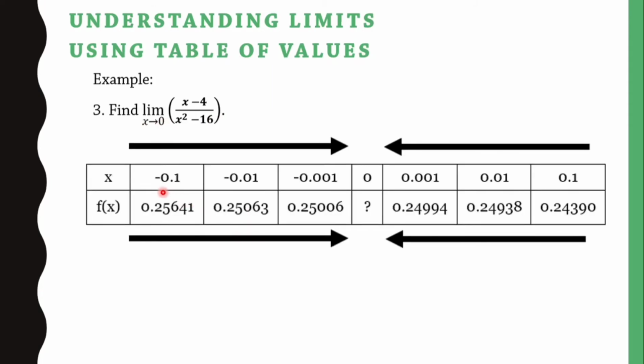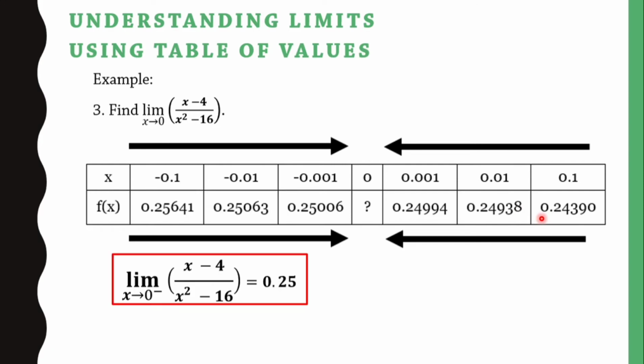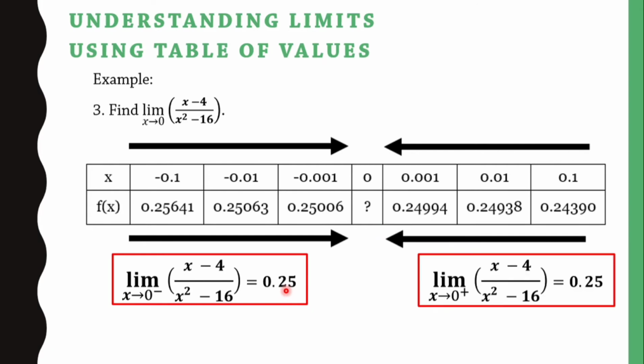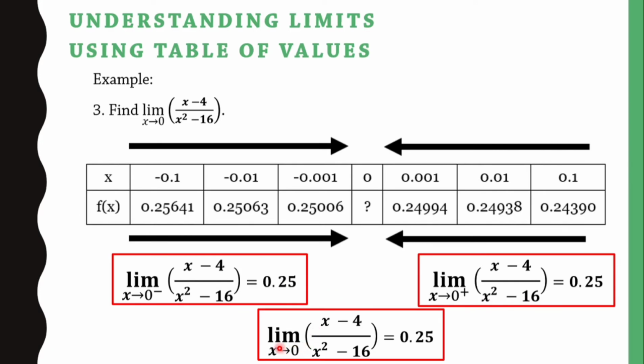In this table, as x approaches 0 from the left and from the right, it approaches 0.25 or 25 hundredths. Therefore, we can estimate the limit of x minus 4 over x squared minus 16 as x approaches 0 is 25 hundredths or 0.25.